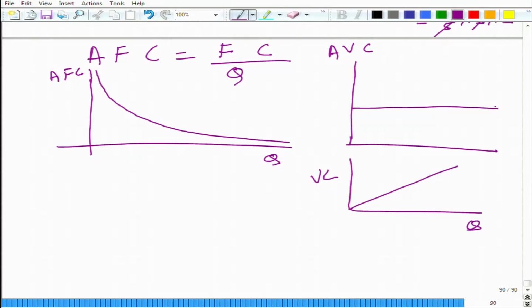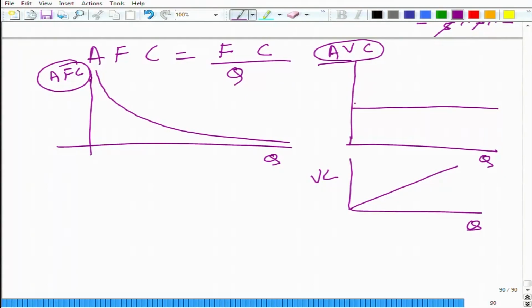So, this is what I want to emphasize, do not get confused. Average fixed cost is decreasing with output, while average variable cost is fixed with the output, and this is a common mistake that people make. But this is for only the given case. Even for the given case, there is a possibility that average variable cost is not fixed.